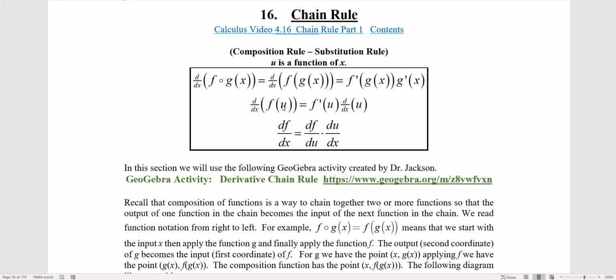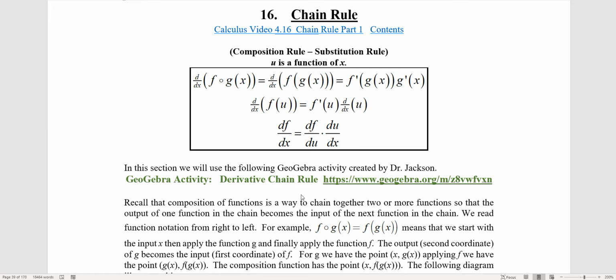Well, what you do is you take the derivative of f with respect to u, f prime of u, but then you have to multiply by the derivative of the u, in other words, the derivative of the g. Notice that this f prime is evaluated at u, which is the g of x. In completely Leibniz notation, this is df over dx is df over du times du over dx.